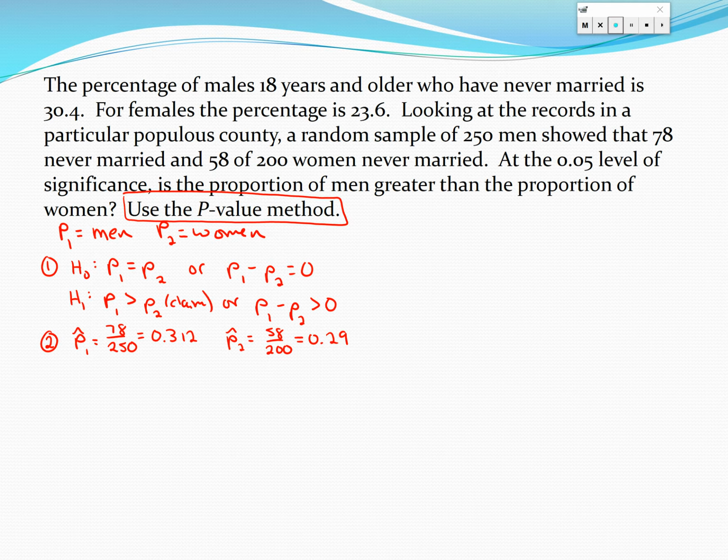The other pieces that we need before we can start digging into our formula here, we need p bar. P bar is new for us. It's where we take our number of successes, or our numerators, if you will, from both of the p hats, divided by our sample sizes added together.